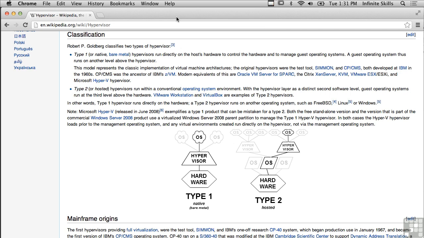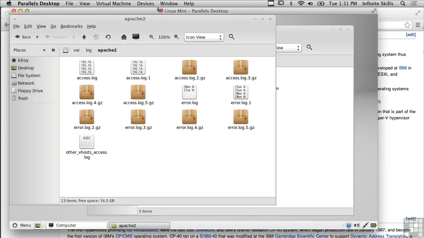In my case, I've got Parallels, which is my hypervisor that runs on top of my operating system.